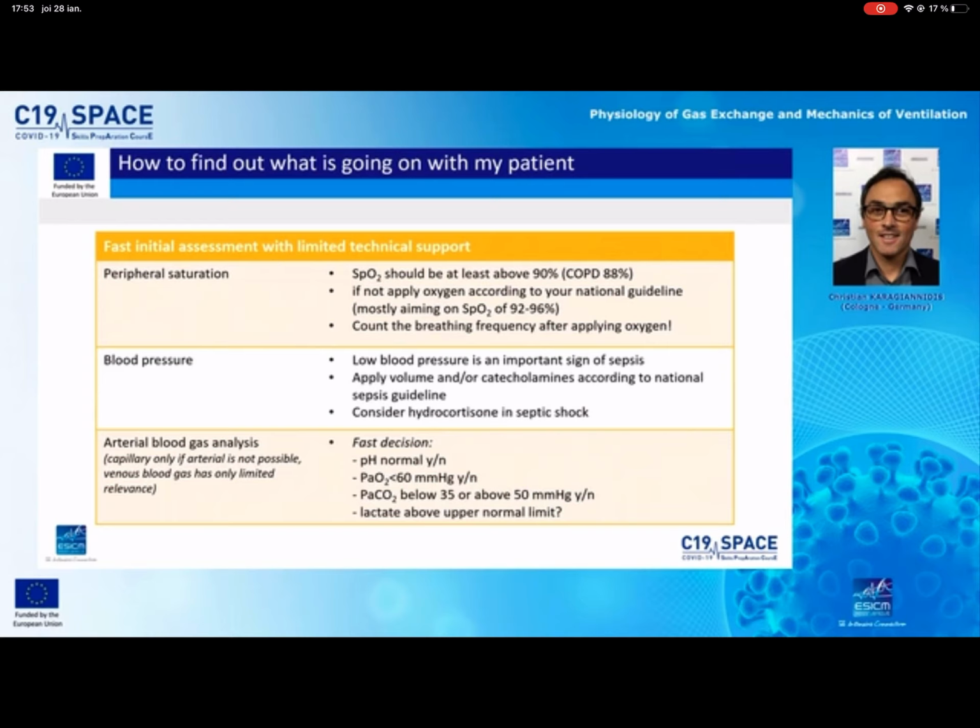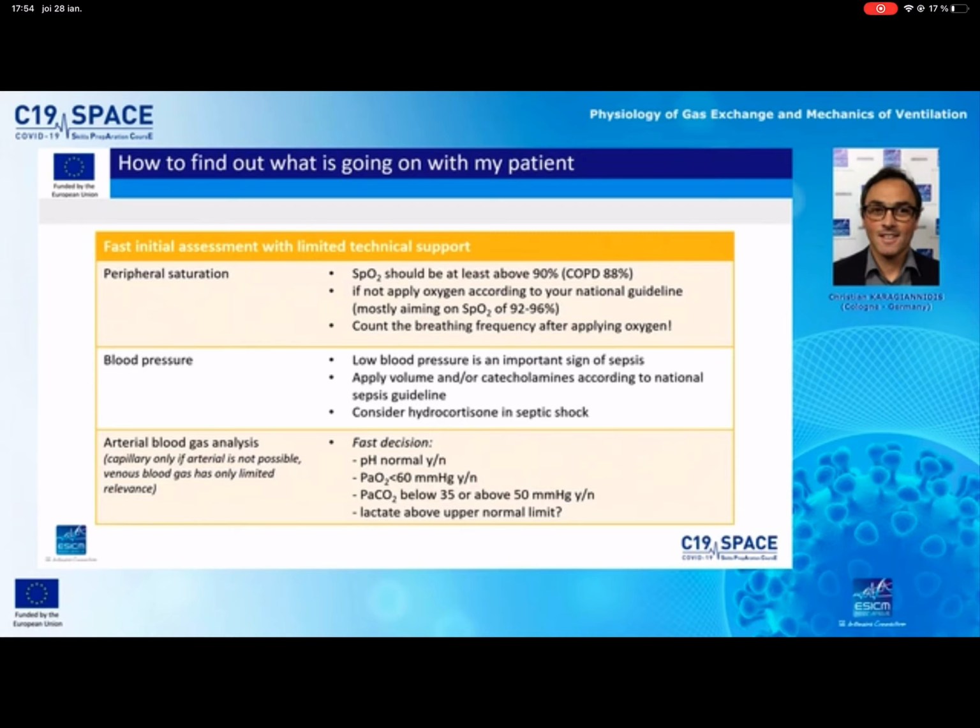If you have some limited technical support, the first point you should do in this patient is a peripheral saturation. And this should be at least above 90% to my mind, but this accords to your local guidelines. It may also be 92% or 94% in some countries. In COPD patients, we usually recommend as a lower limit 88%.